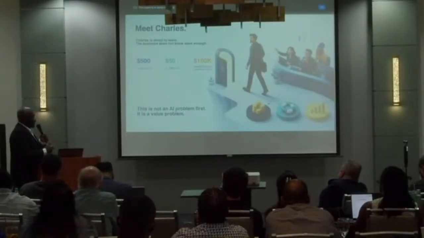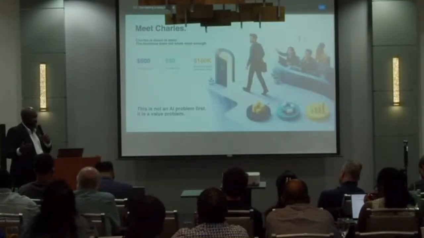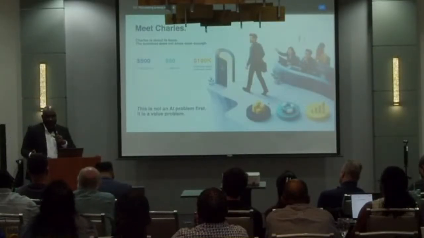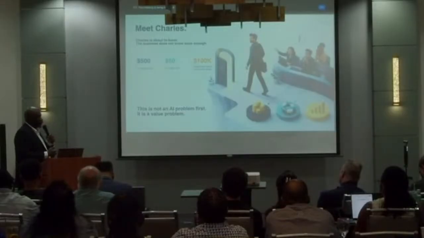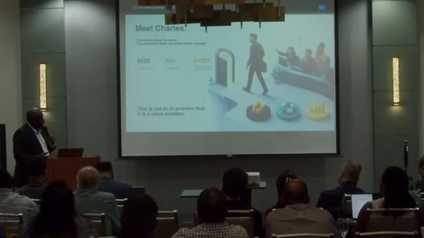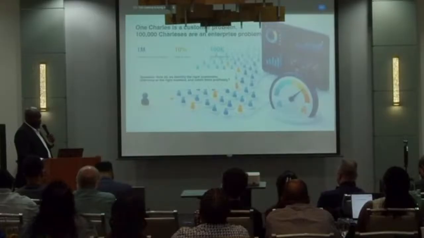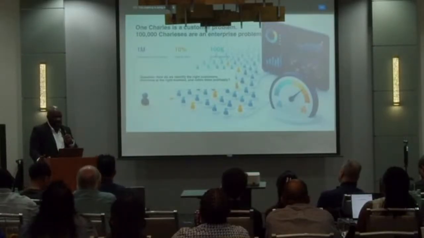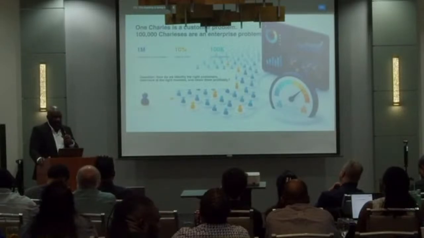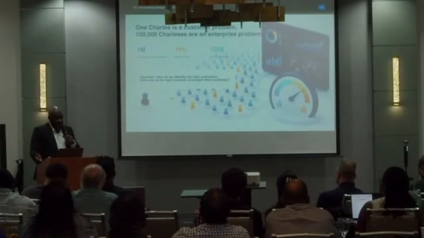So the problem here is not an AI problem first. It's a value problem. How do you value your customer, right? And what are you willing to do to keep the customer? So like I mentioned earlier, Charles is just one customer, but if you have 100,000 Charleses, then it's not just a one-customer problem, it becomes an enterprise problem.